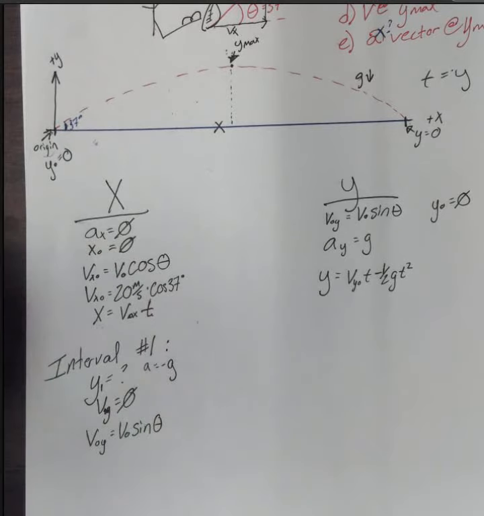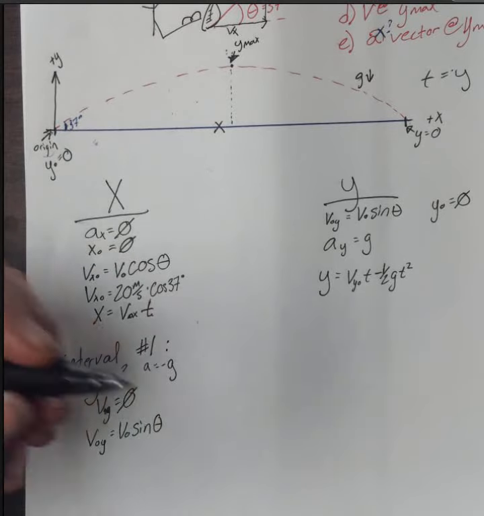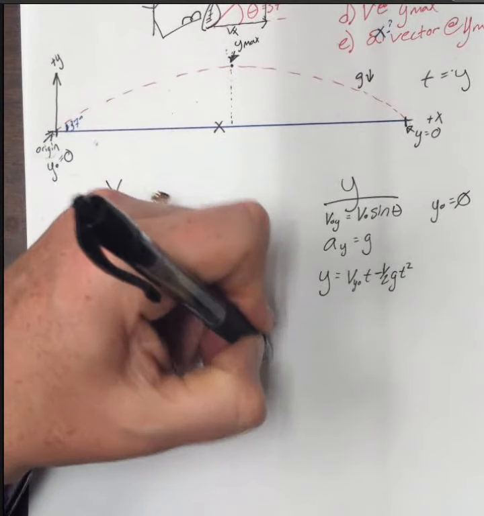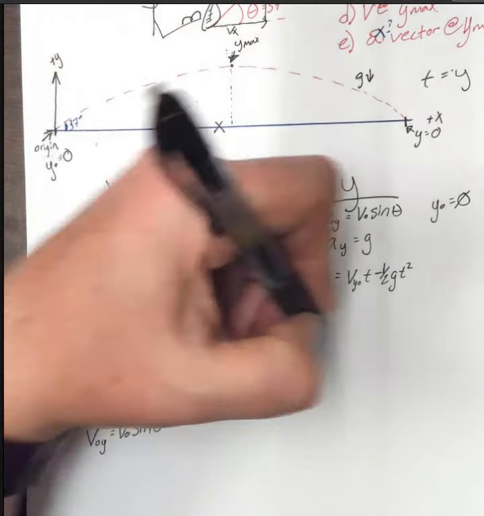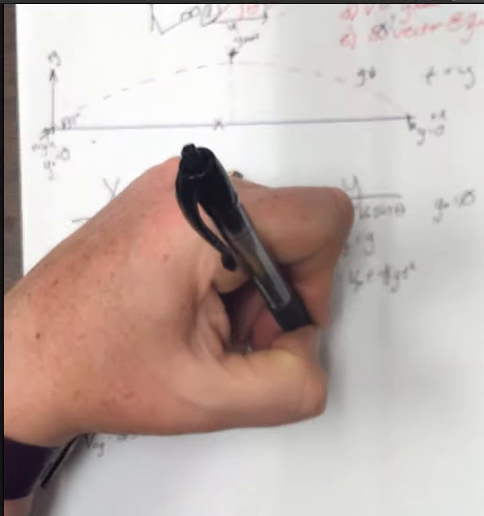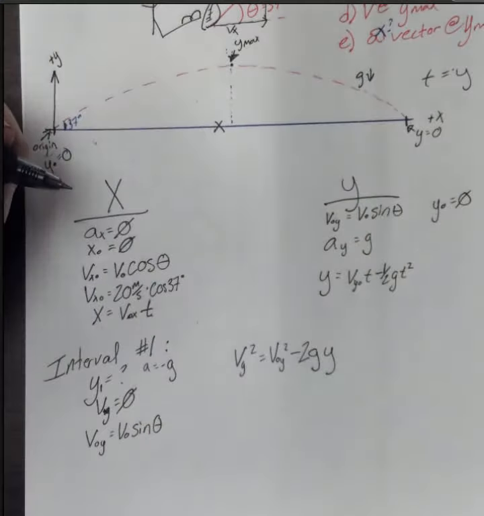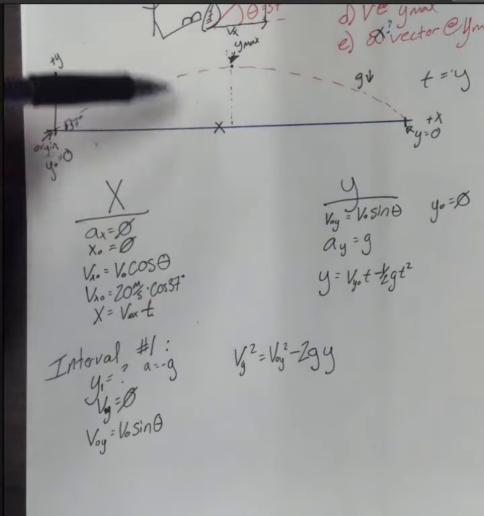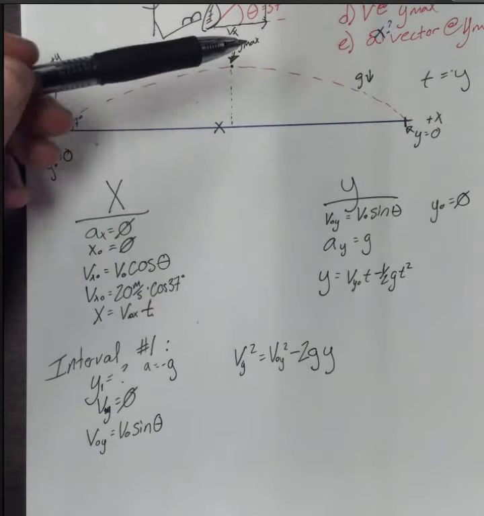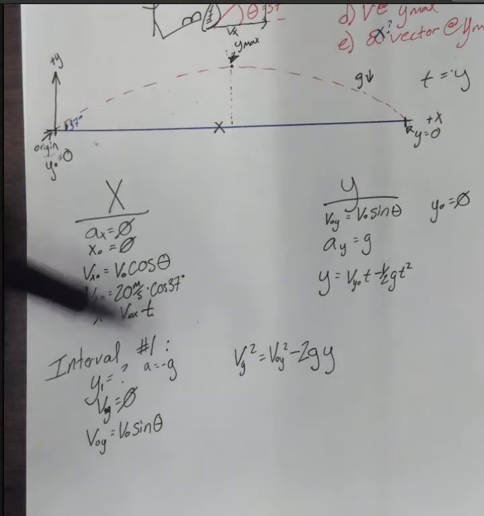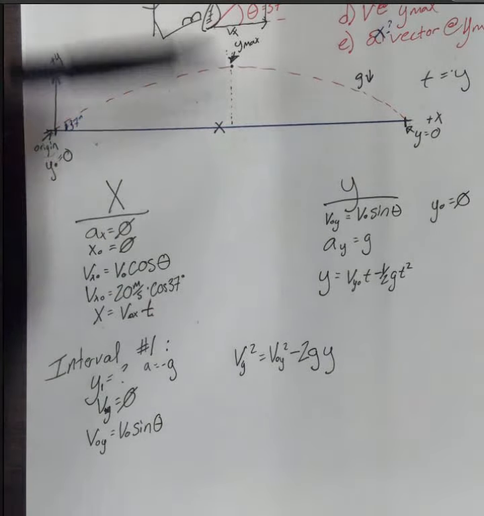That means that the most useful equation for us to use is going to be Vy squared equals V naught y squared minus 2gy. And the reason is because we don't really need to know the time it took to get to the top, because we only need time to solve for our x component. We're not interested in the x halfway across.